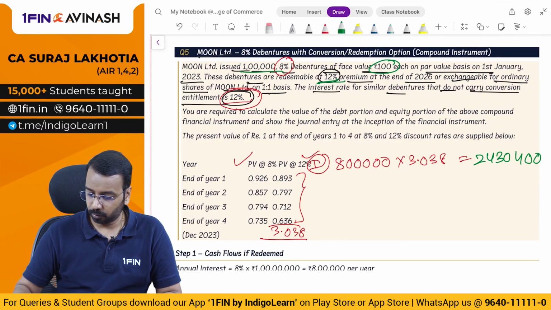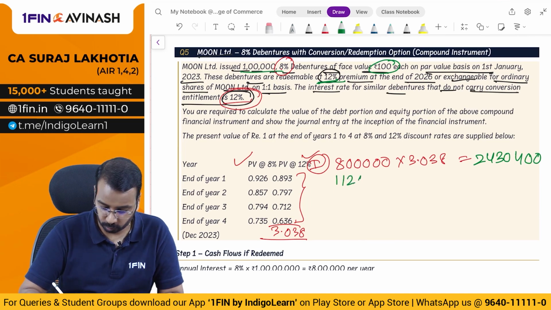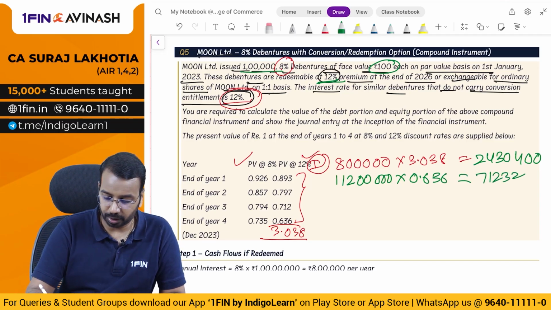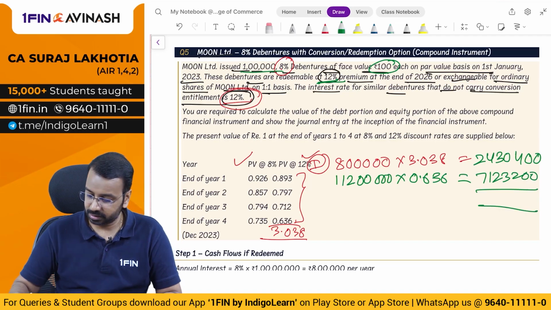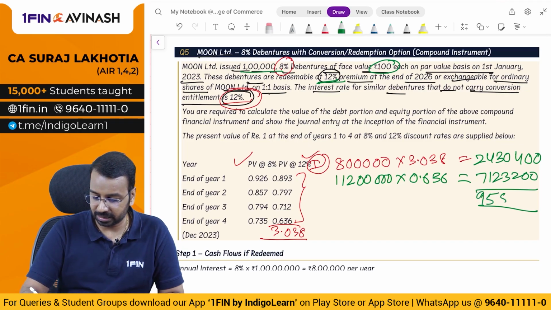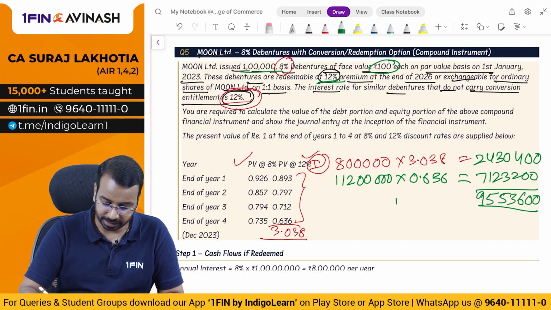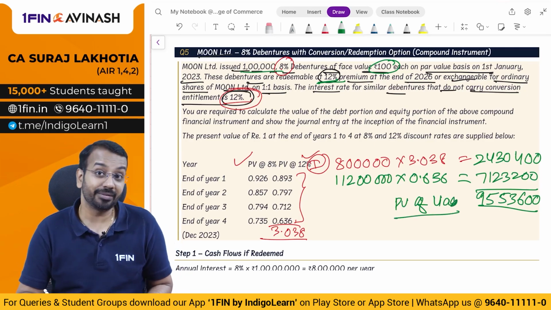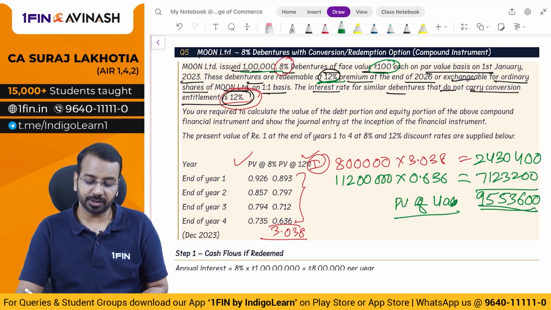So 1 crore plus 12%, 1 crore 12 lakhs, into 0.636 is equal to 7123,200 plus 2430400, you get 95 lakhs 53,600. What is this? Present value of liability. That is present value of liability 95,53,600.